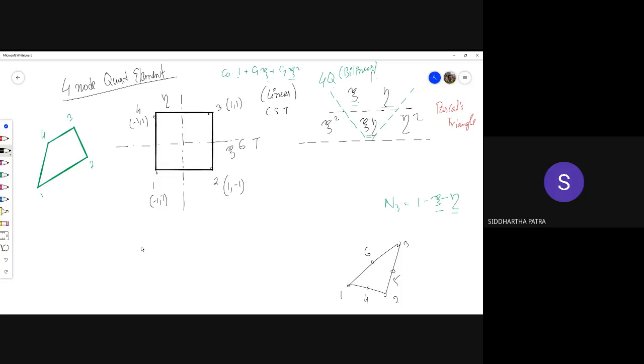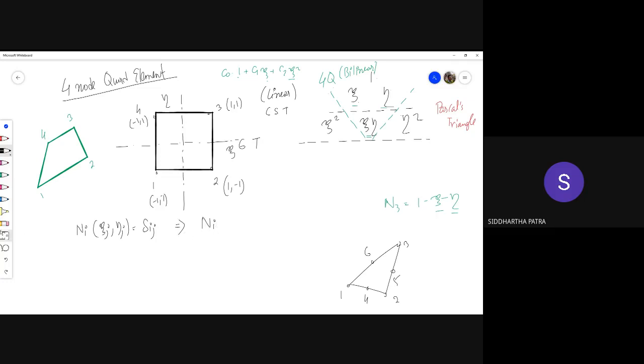Now, the way we define the shape function is N_I at xi_j, eta_j is delta_ij.